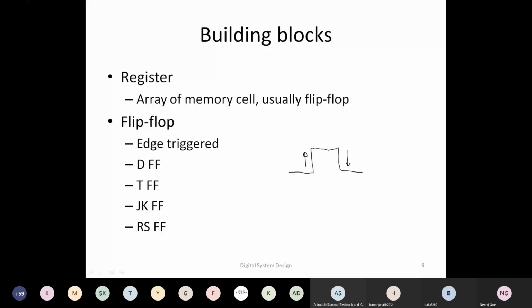Why? Because what a D flip-flop is doing is, whatever is the value at this particular point of time at D, that would be the output for the next one clock period in Q.